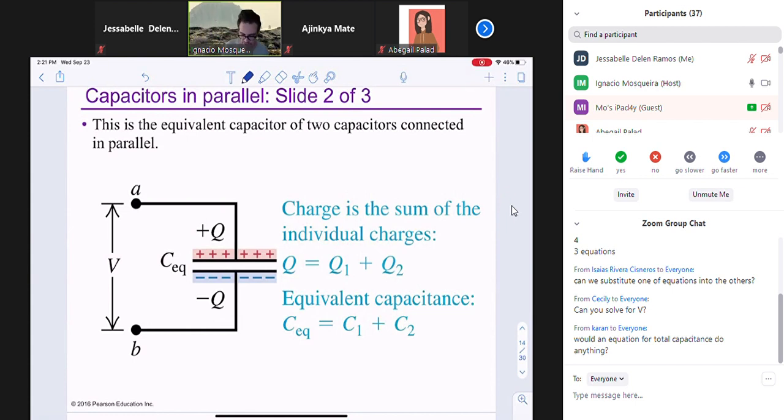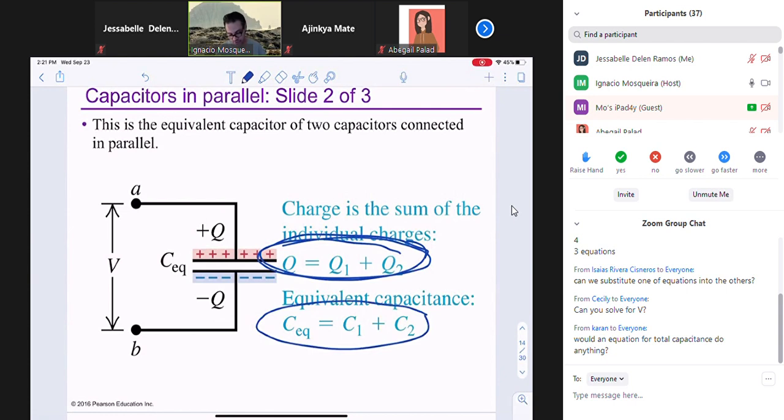But here they have to tell you: when you replace 2 capacitors in parallel by 1, it is as though you had one capacitor with charge which is the sum of the 2, and capacitance which is the sum of the 2. Okay? So you can of course replace parallel capacitors by using this rule.